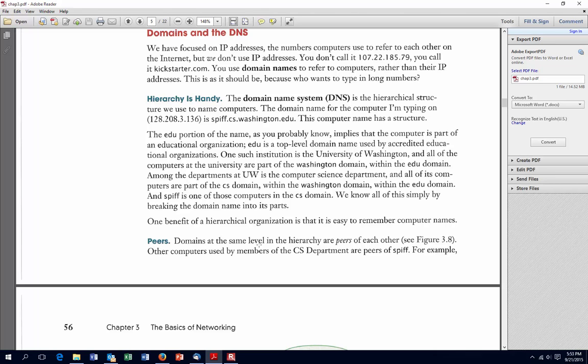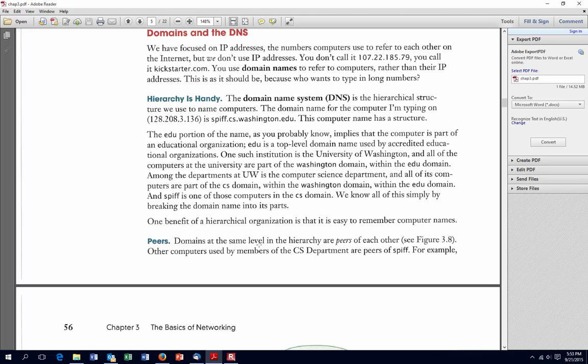That computer has a host name of SPIF, and that computer SPIF resides on a domain called cs.washington.edu. So the domain naming system is an organizational method of keeping things within the whole internet system organized and allowing people to have control over certain parts of that.